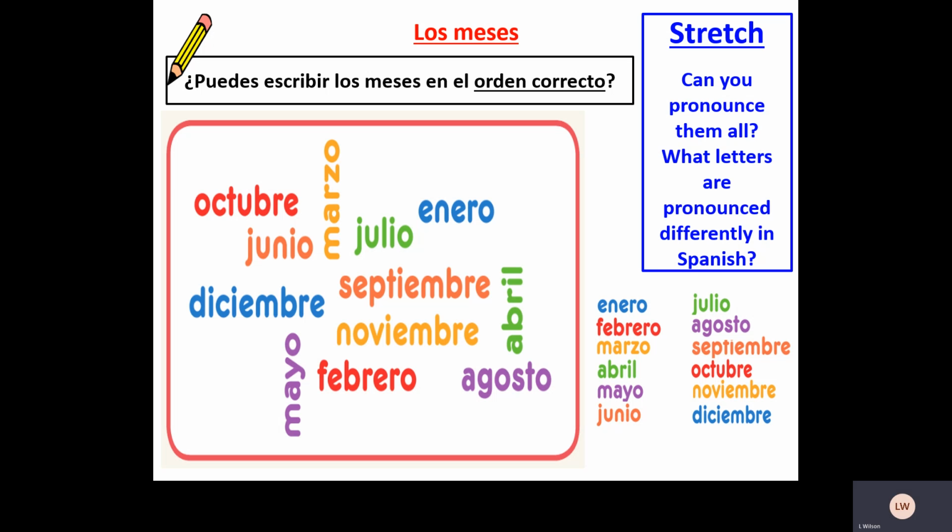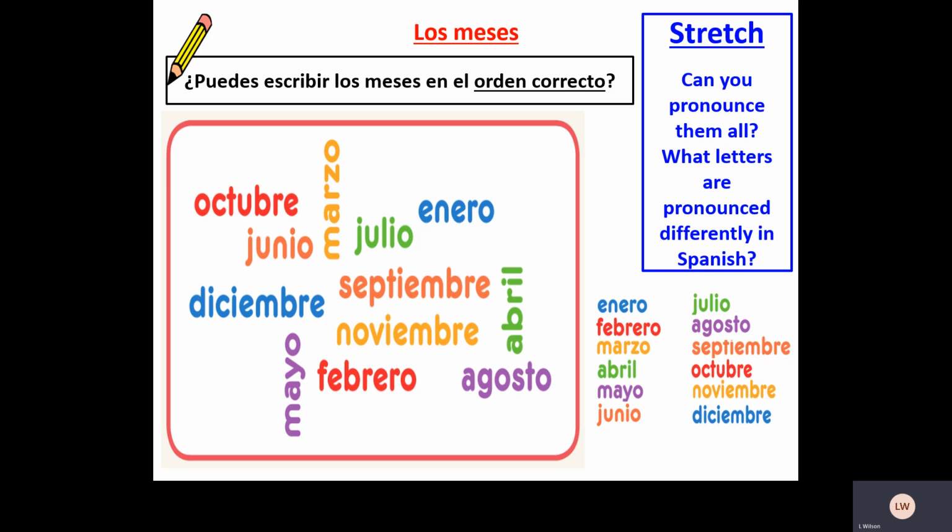Good. So what pronunciation rules do we need to remember when we're pronouncing the months of the year? Well, remember the Z sound, if we're in Spain, is going to be a th sound. So it's marzo. Then there's the J sound in Spanish, which is more of a che sound. So junio and julio, rather than what we would say in English, junior. So we're not going to say that j.